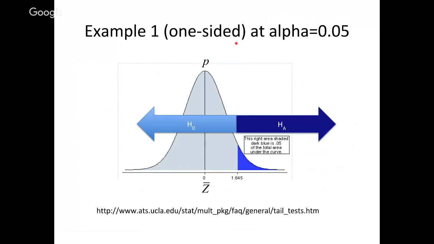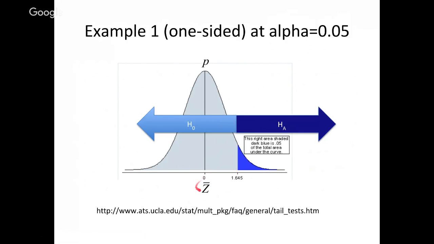This is a one-sided test because in example 1, we were interested in evaluating the possibility that W is greater than 1, so the null hypothesis is W equal to 1, and the alternative hypothesis is that W is greater than 1. W equal to 1 is represented by all this light blue probability.